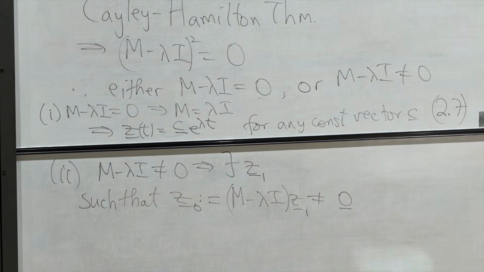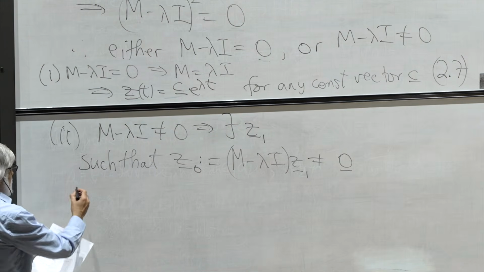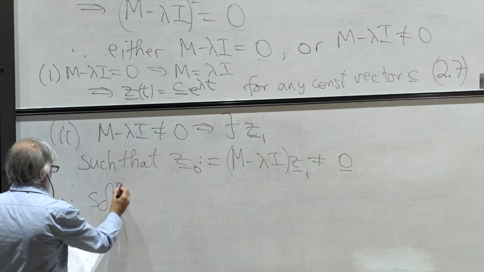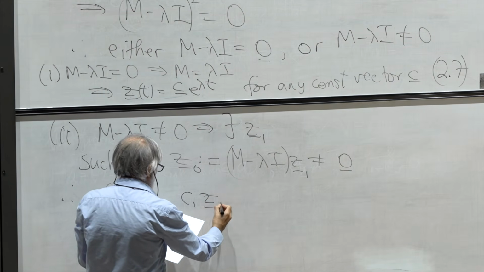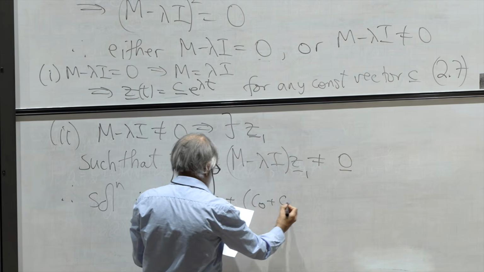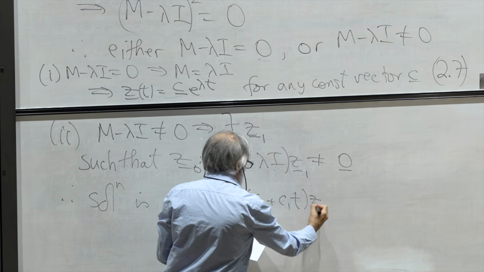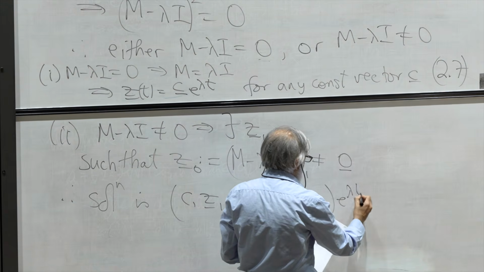Okay? Because if we couldn't find such a z0, then that would mean m minus lambda I was equivalent to 0, and that contradicts here, okay? Therefore, we can write the solution as c1 z1 plus c0 plus c1 t z0, times e to the lambda t.